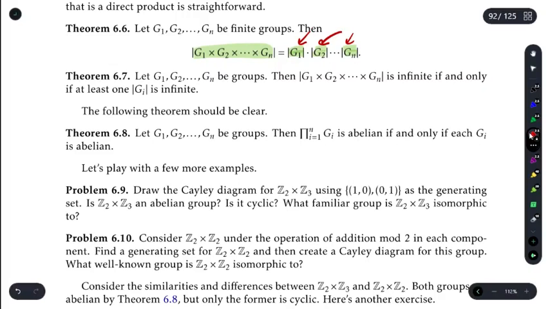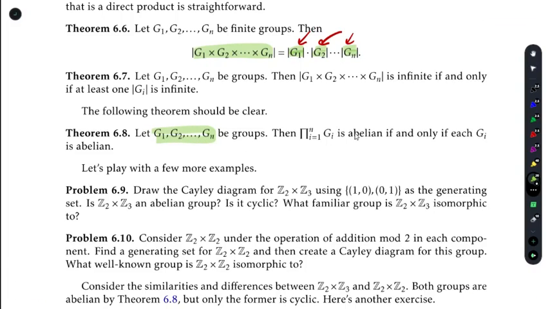Then we have this important theorem down here. If all of our groups involved in that direct product are abelian, then the whole thing is abelian. So the product of all of those Gi's is abelian if and only if each one of those individual groups is abelian.